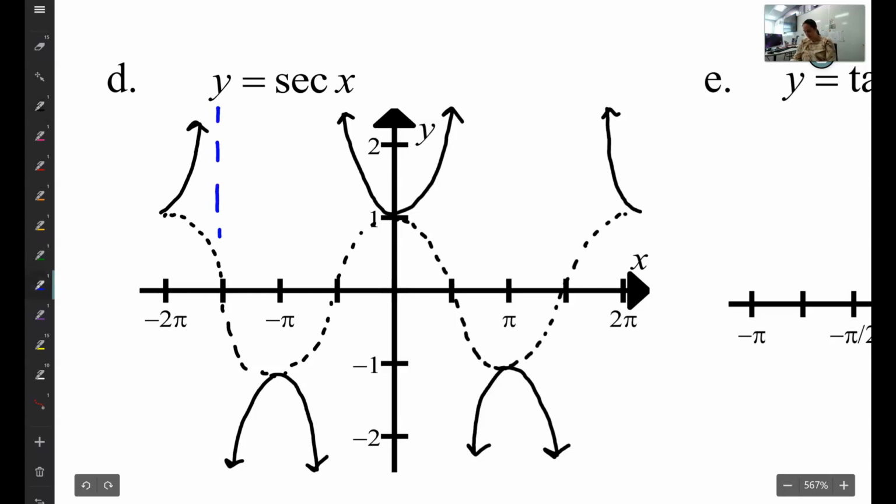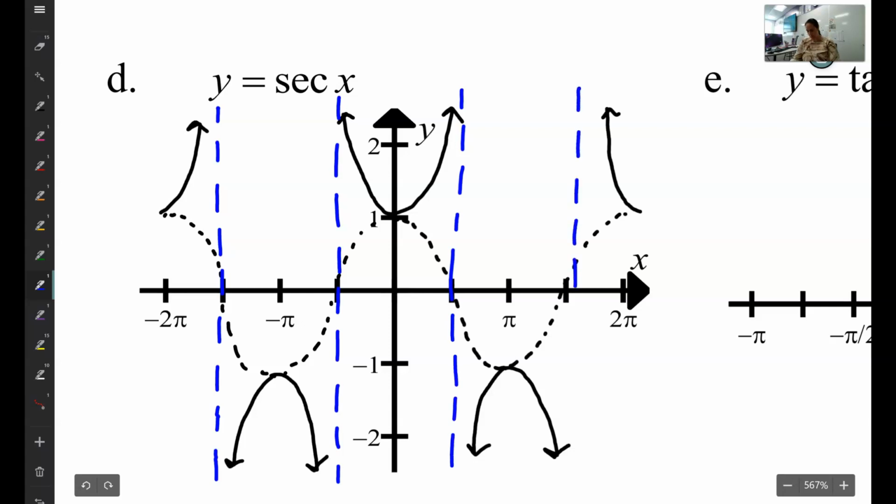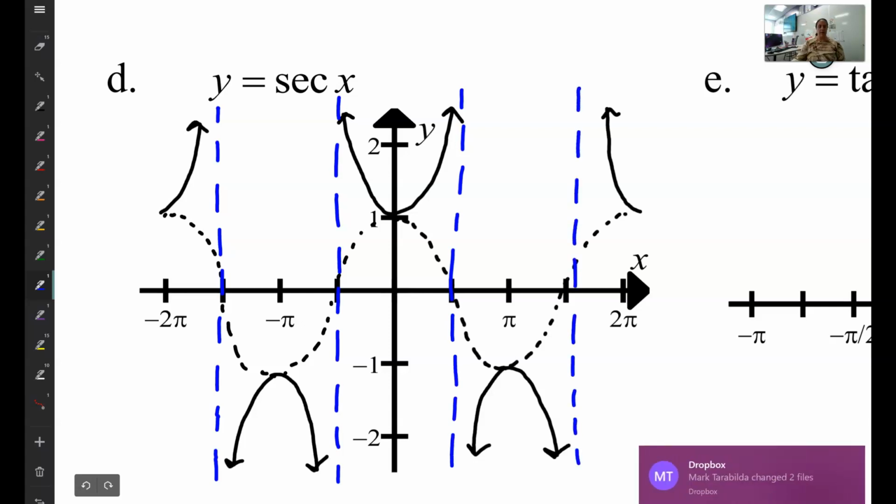And asymptotes in between. And that's the graph of your secant.